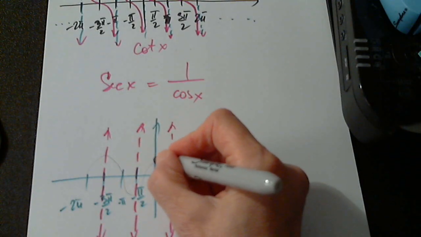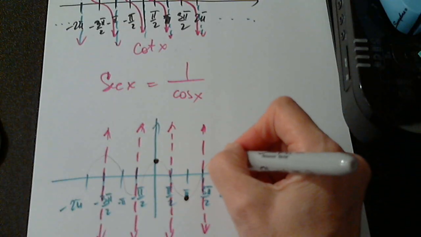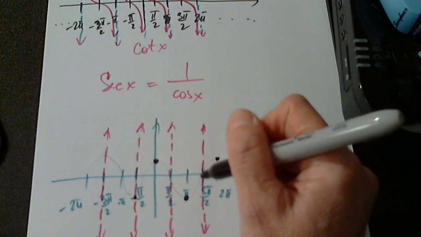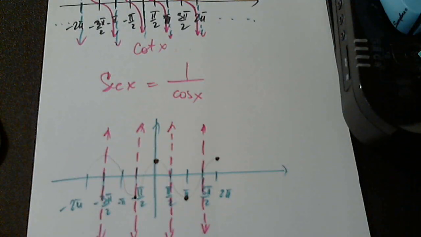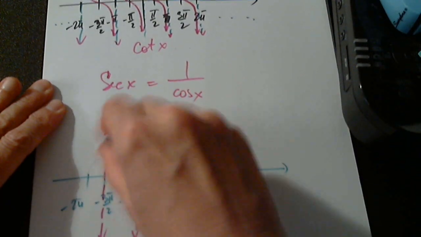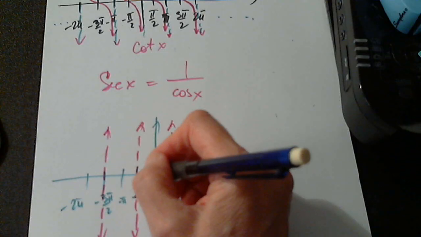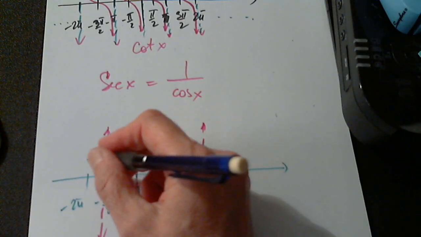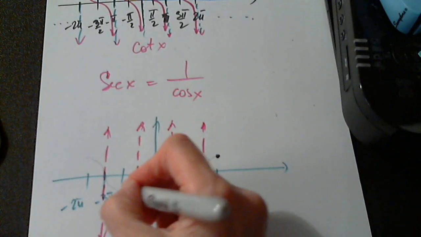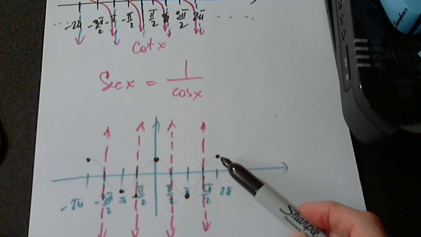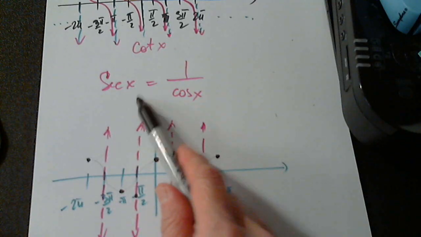So at this point, and at this point, and at this point, where cosine is 1, negative 1, 1, negative 1, oops, where's my eraser? Okay. So notice what I just did. I graphed this graph of cosine. I will erase it. It was just to help me graph secant.